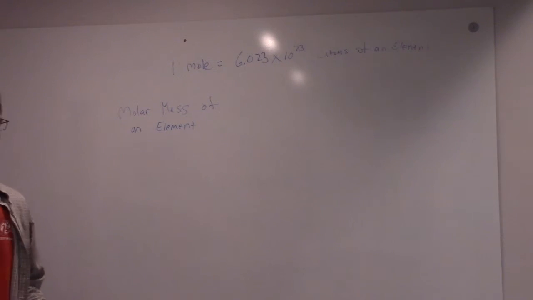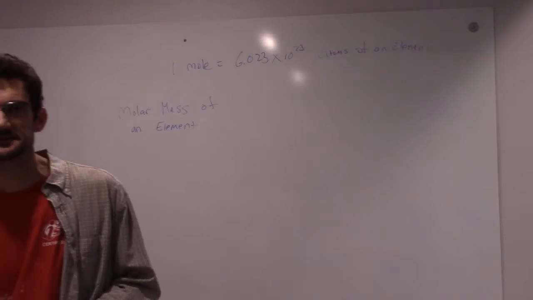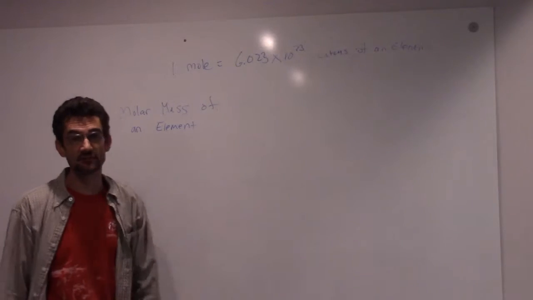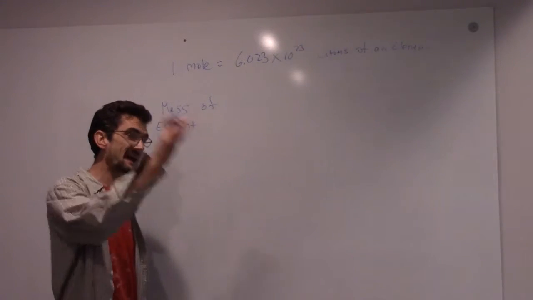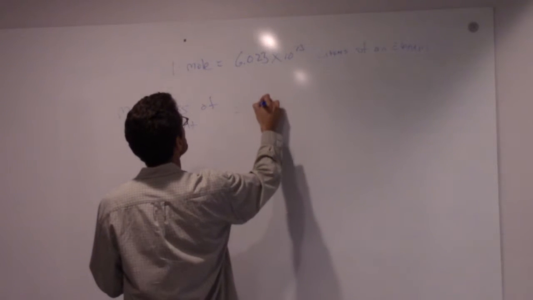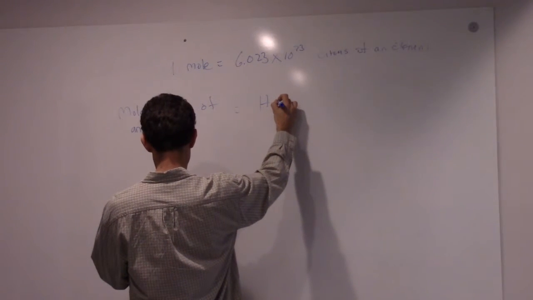Molar mass of an element is how much a mole of that element weighs. So how much do 6.02 times 10 to the 23rd of those atoms weigh? That's a terrible way to say that.